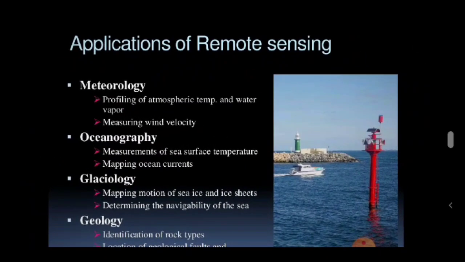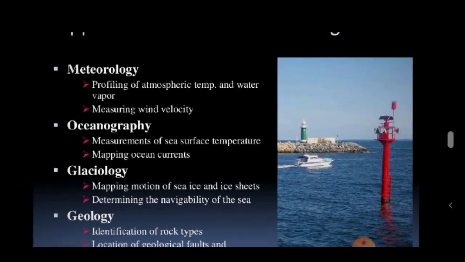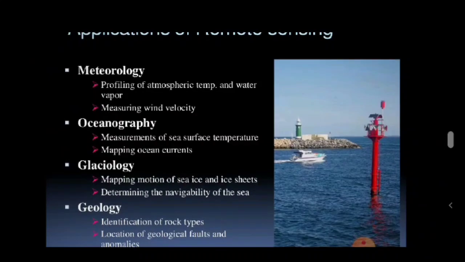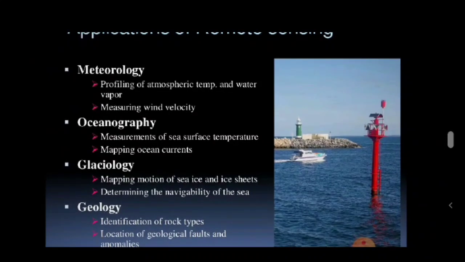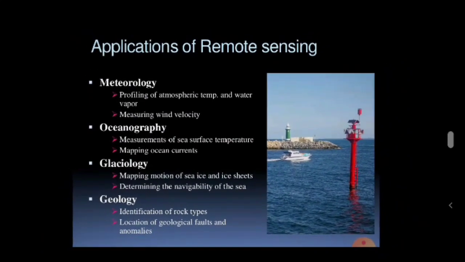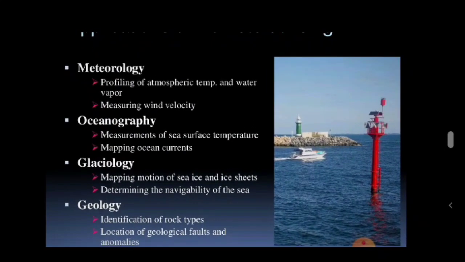Here I mentioned before meteorology, oceanography, glaciology, and geology, some areas where remote sensing is used. In meteorology, profiling the atmospheric temperature and water vapor can be done through remote sensing images.